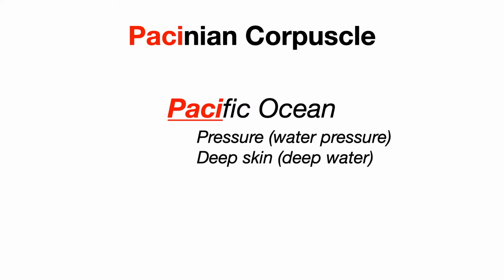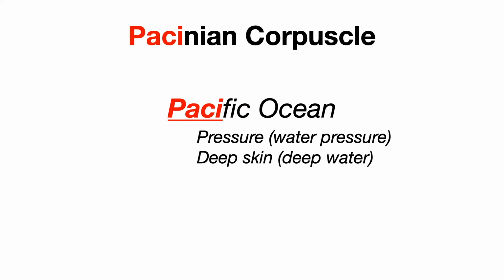The second is that Pacinian corpuscles are found in the deep skin as opposed to superficial skin. And because of that, I think about you being deep in the water. And when you're deep in the Pacific Ocean water, you feel that increased water pressure. So deep skin, pressure, it just all ties beautifully together in this mnemonic for Pacinian corpuscle, which again, the PACI, I think of the Pacific Ocean.